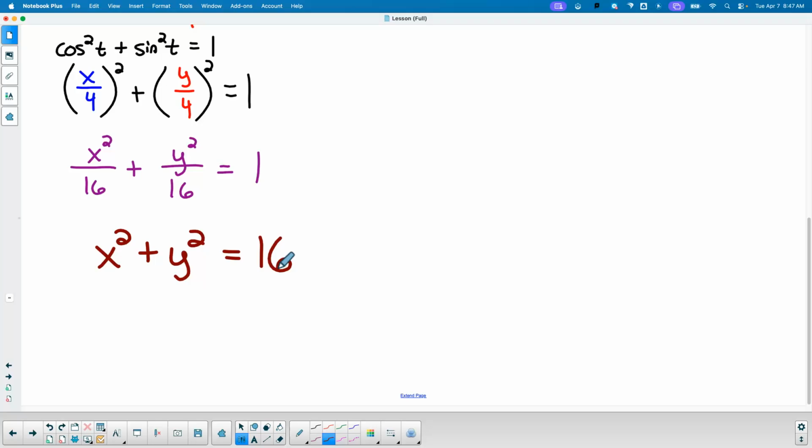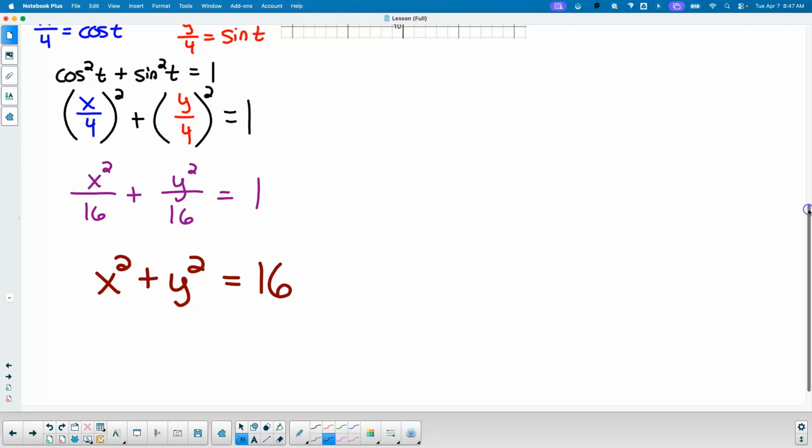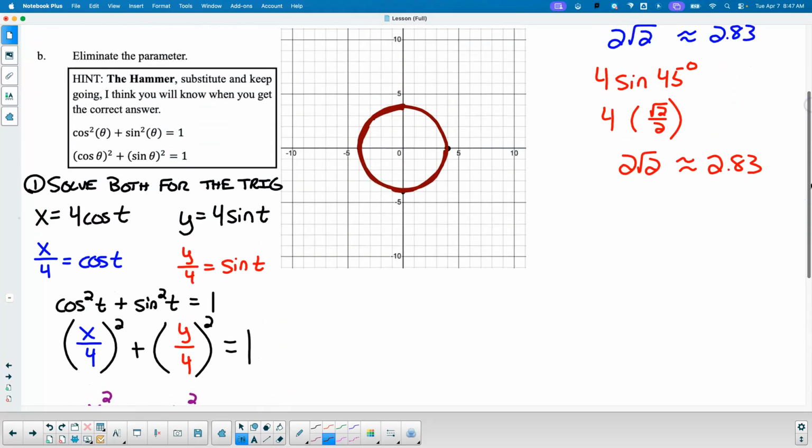Which is exactly what we had: a circle centered at the origin with a radius of 1, 2, 3, 4, all the way around.